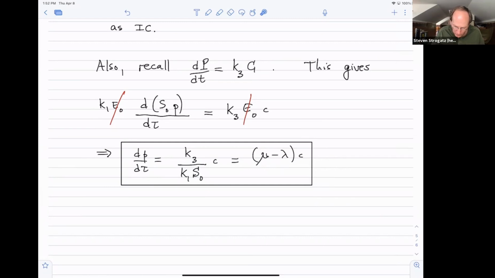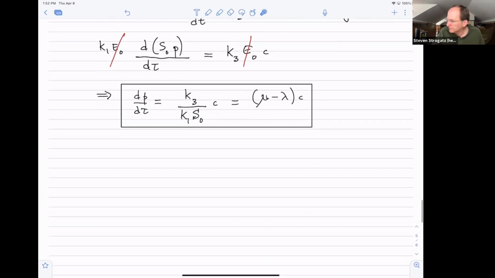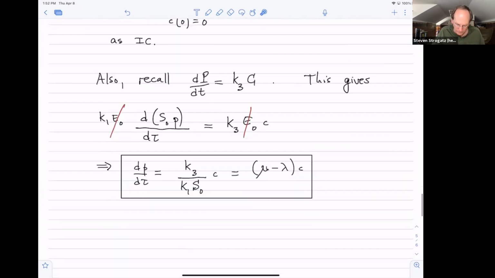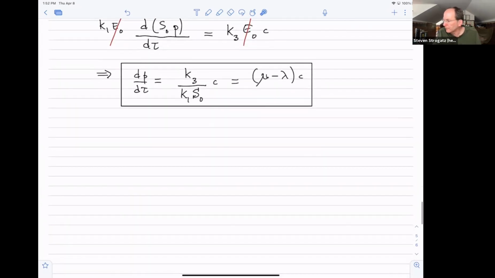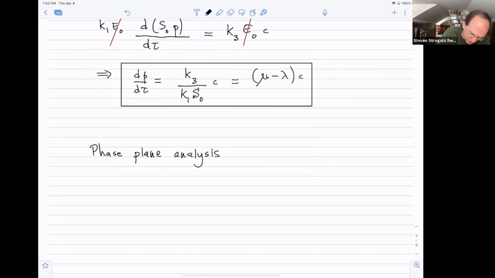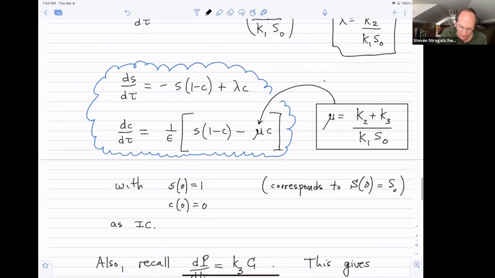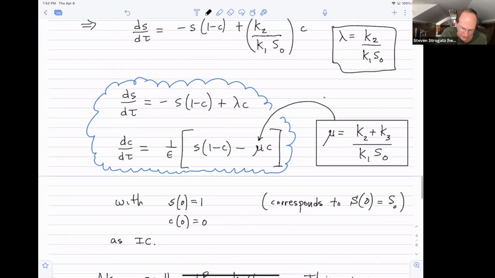Okay, so now let's go into the phase plane and think about this. I'll look at our system again. Let's do the phase plane analysis, so we'll copy down this thing that's in the blue cloud.